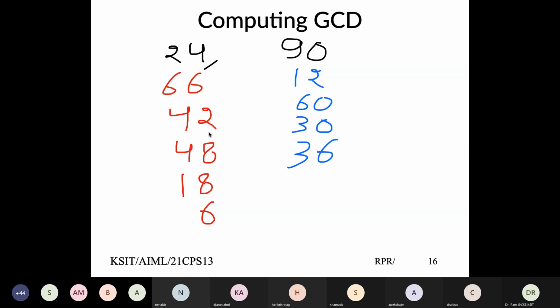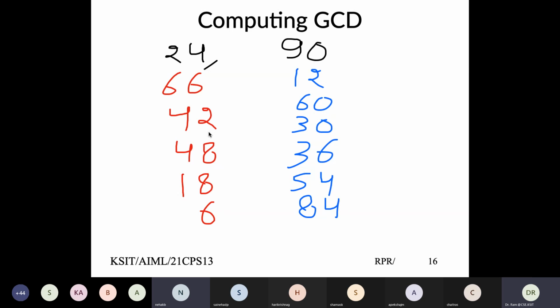Next, 54. How? 66 minus 12, so 54. Yes. Next, 84.